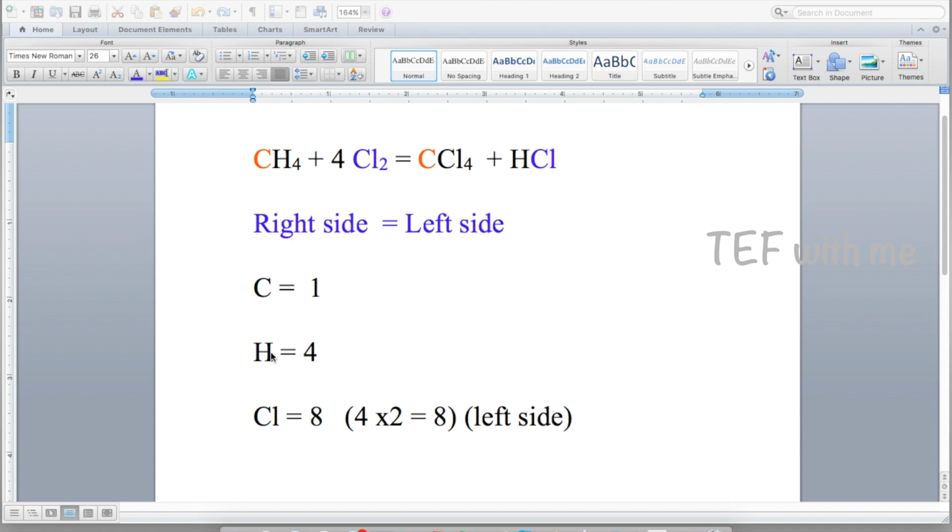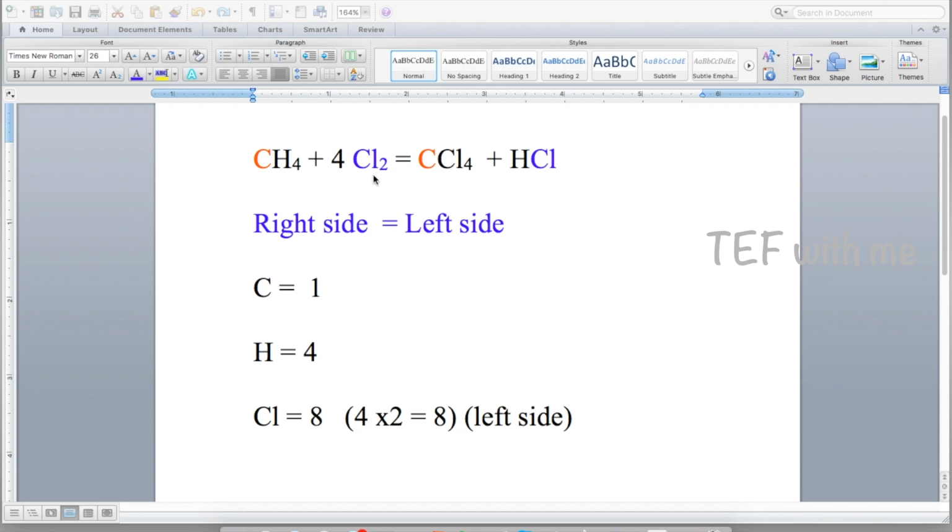Next we can go for hydrogen. On the left side, how many hydrogens are present? There are 4 hydrogen on the left side, and on the right side only 1 hydrogen. So we have to balance this hydrogen.